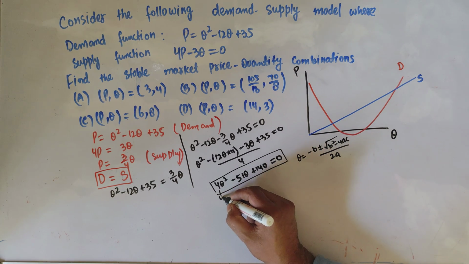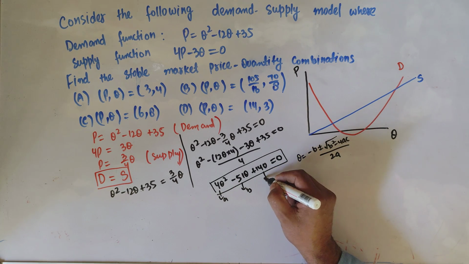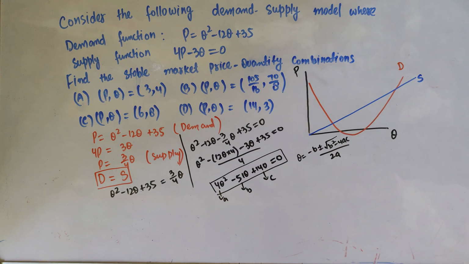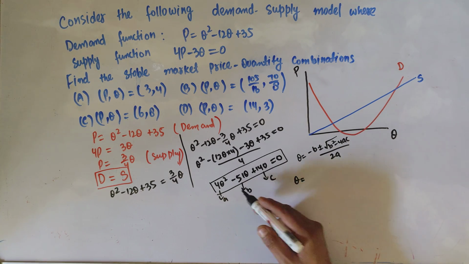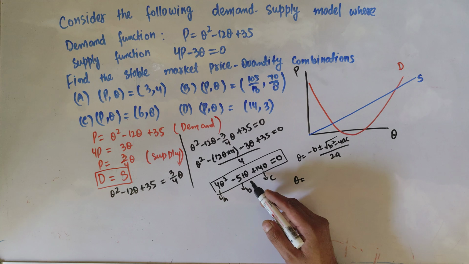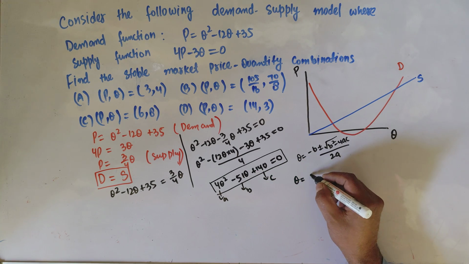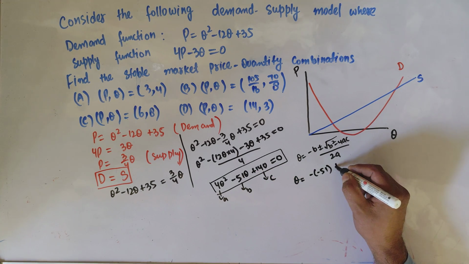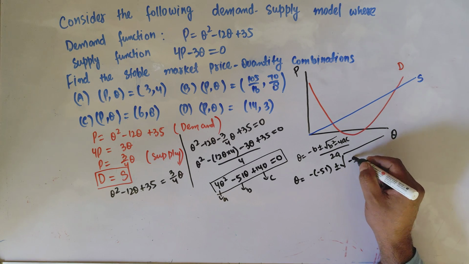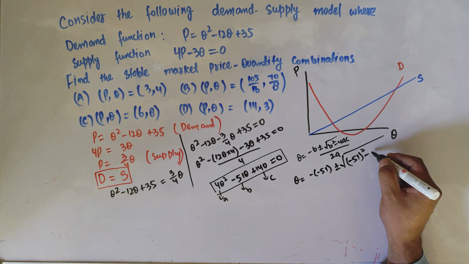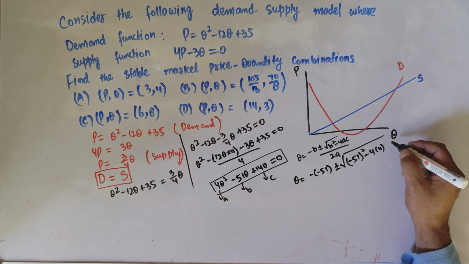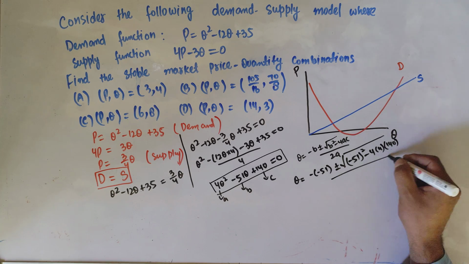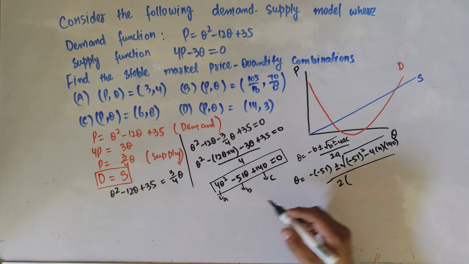So here this is A, this is our B, this should be our C. When we use this equation, we will get two values for Q. So we have minus, from the formula, the coefficient of Q is minus, so we get minus of minus 51, plus or minus the square root of minus 51 whole square minus 4, from the formula, A, the coefficient of Q square, which is 4, multiplied by the constant term 140, divided by 2 times A. So 2 times A is 8.